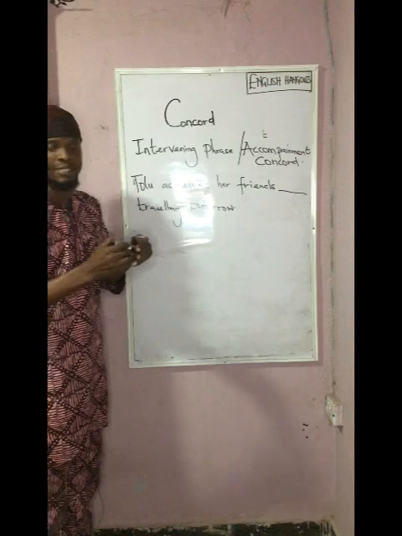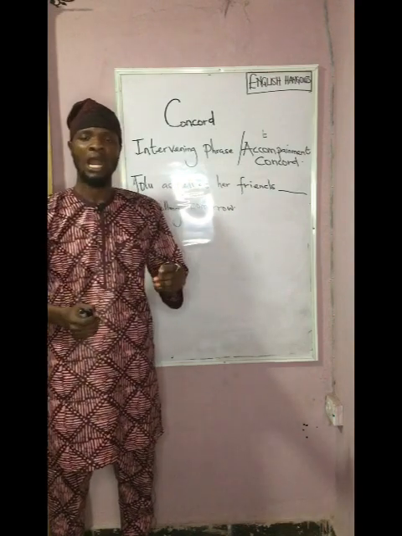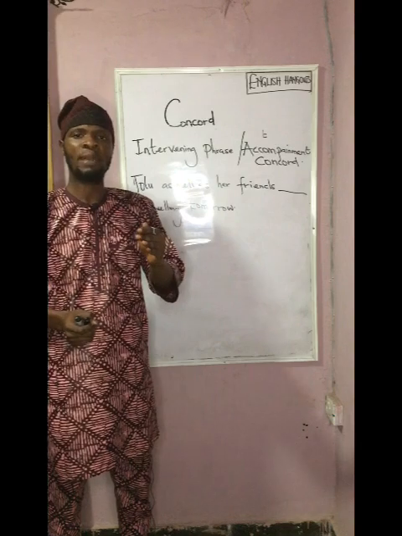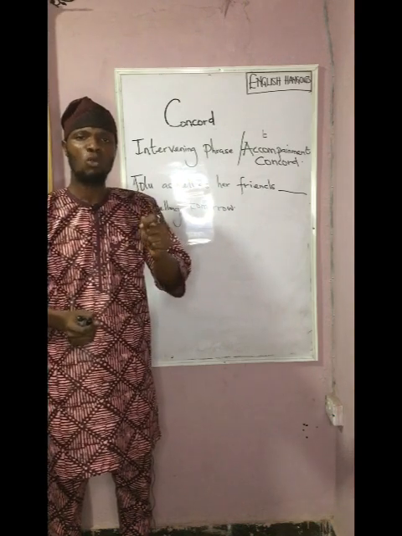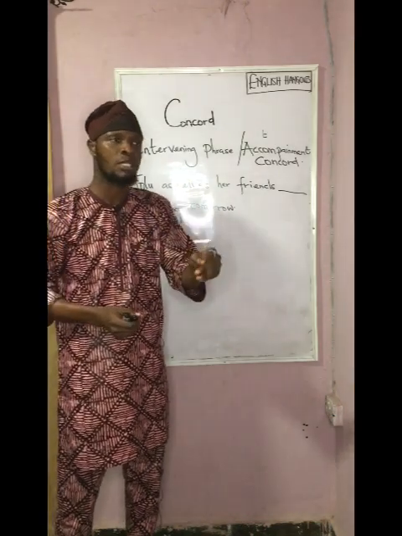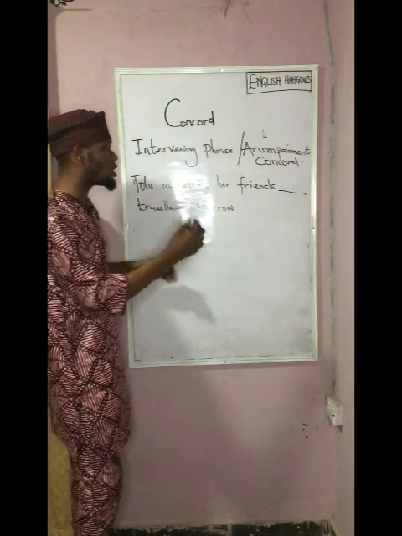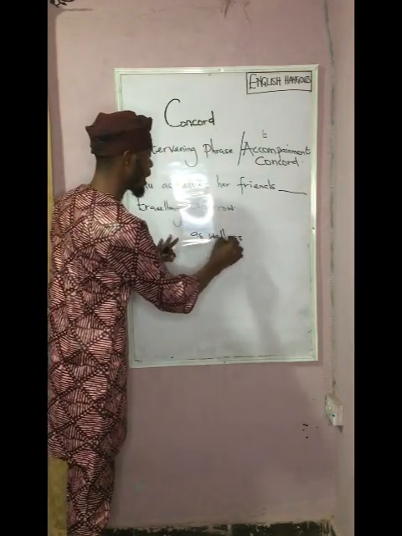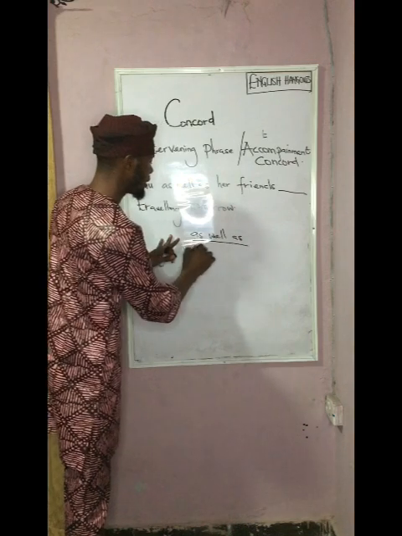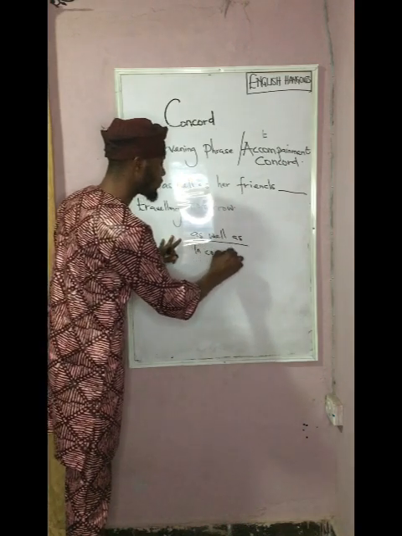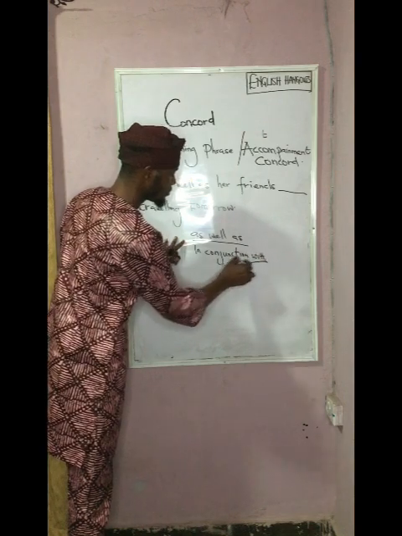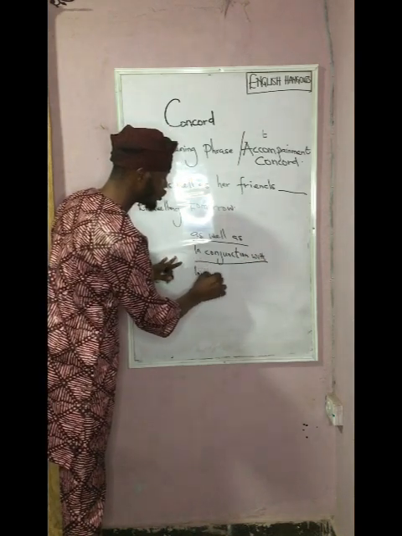In a sentence, it is possible we have intervening phrases or accompaniment words. How can you identify accompaniment words? Examples of accompaniment words are words like as well as, in conjunction with, in addition to.